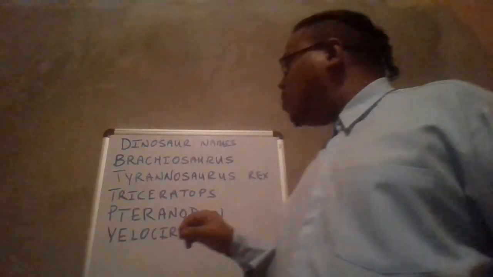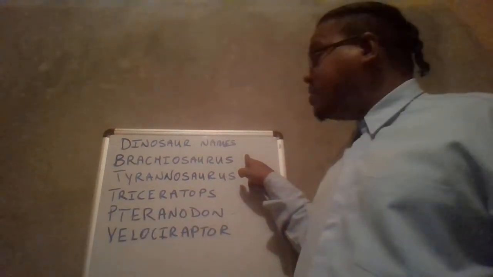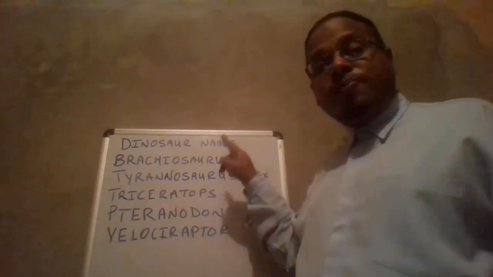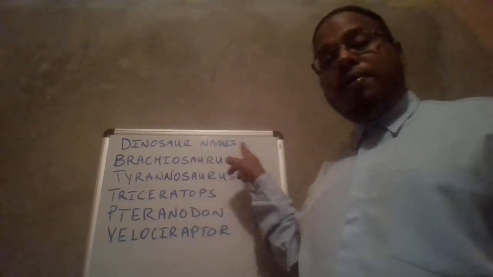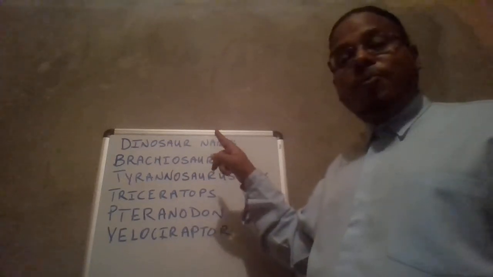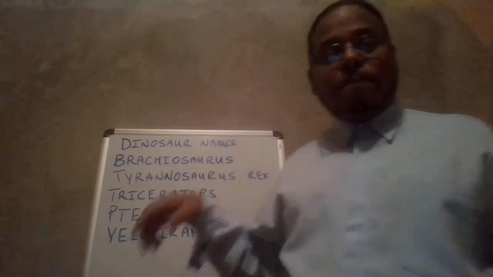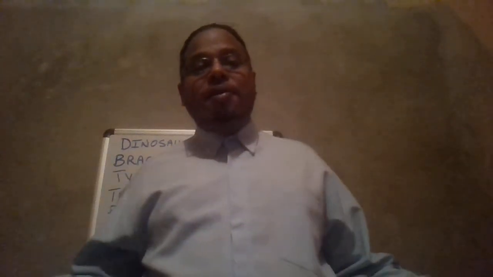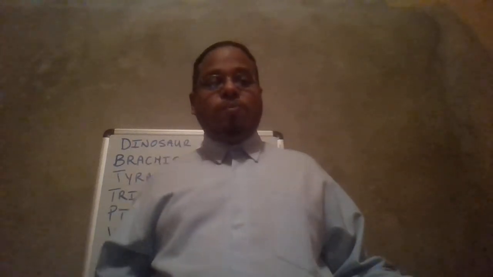A sentence I can create is: Brachiosaurus had a very long neck. Or, what do I like about it? I like the fact that Brachiosaurus had a long neck. Or I like Brachiosaurus because they were really, really big.